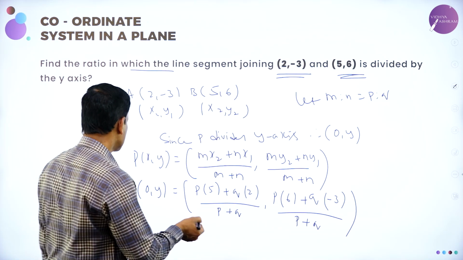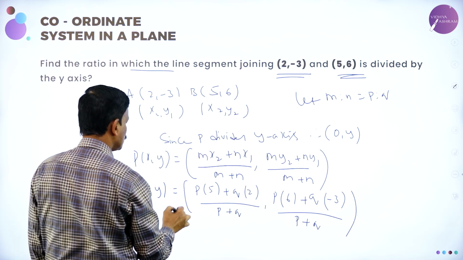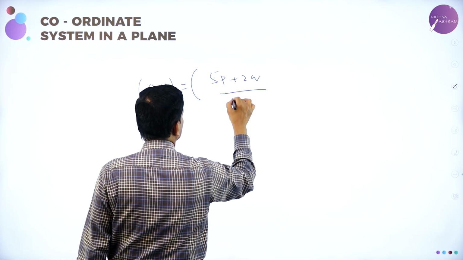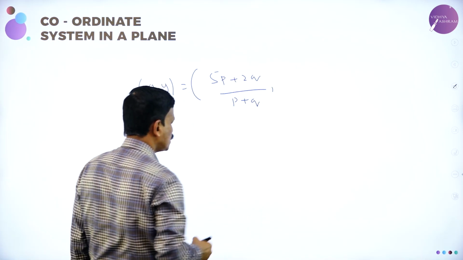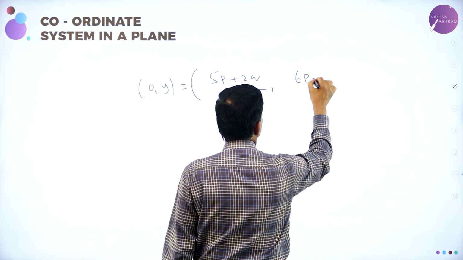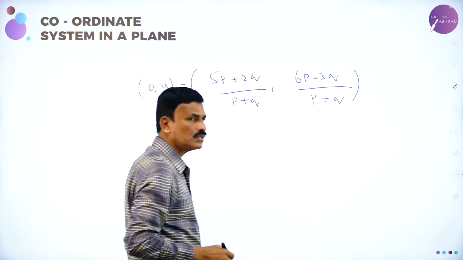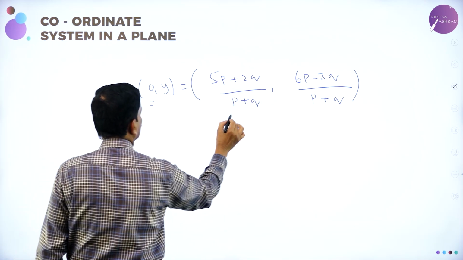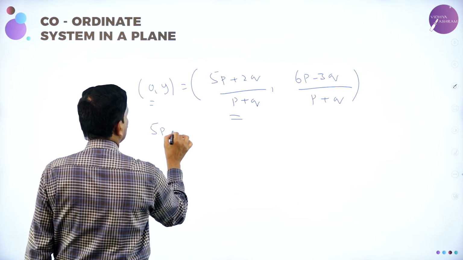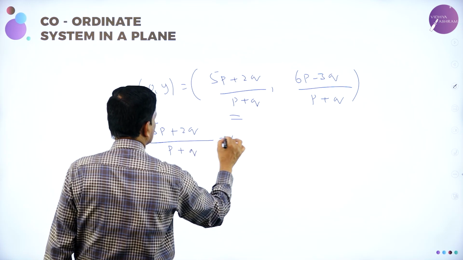Now simplify this: 0 comma y is equal to 5p plus 2q divided by p plus q is one point. The other point is 6p minus 3q divided by p plus q. Now just equate these two, that is 5p plus 2q divided by p plus q is equal to 0.